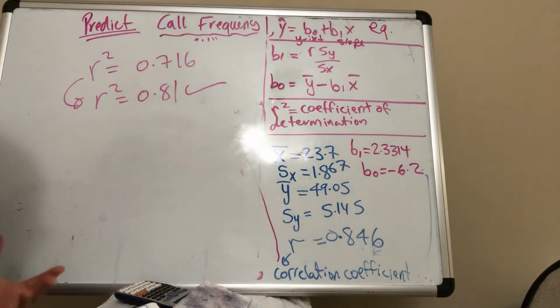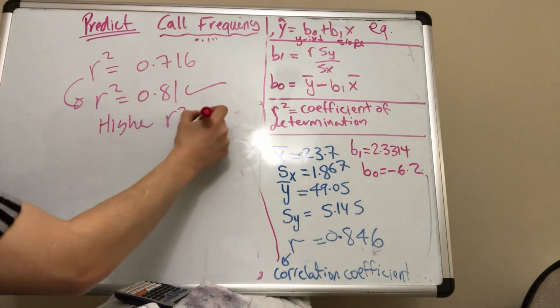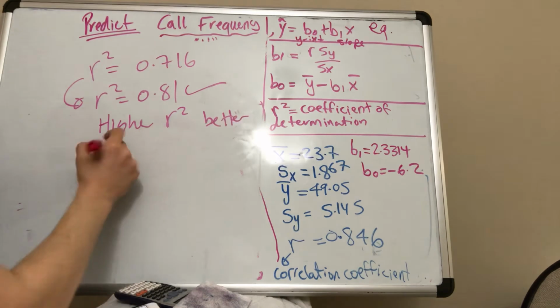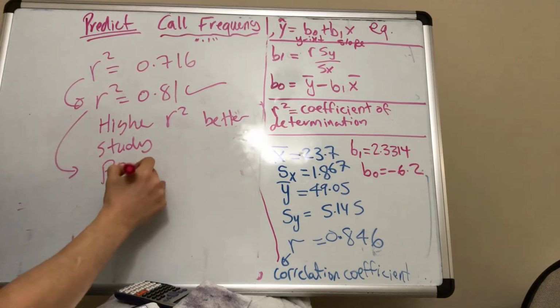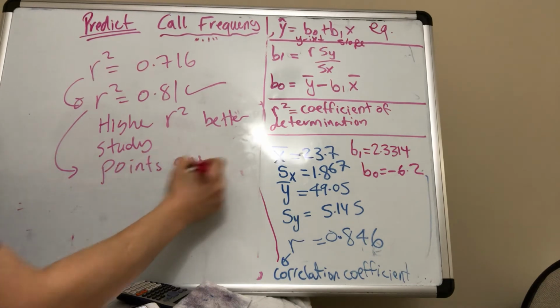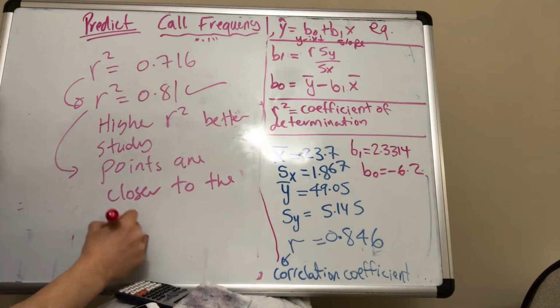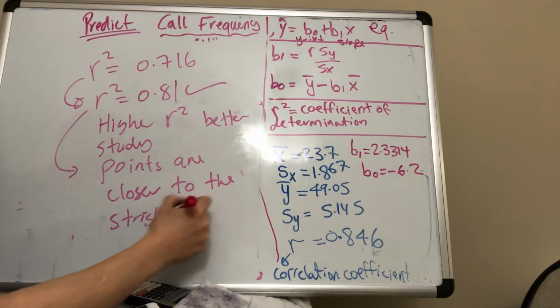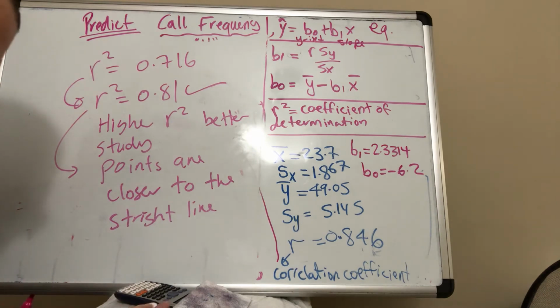The higher the r squared, the better the study, because here the points are closer to the straight line. So basically, the higher the r squared, the better the study.